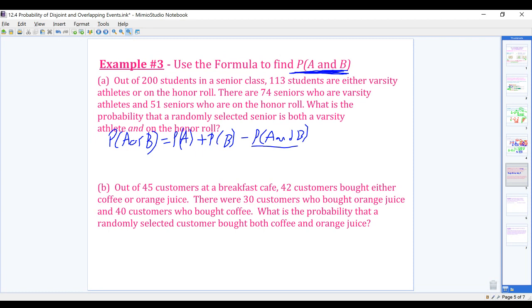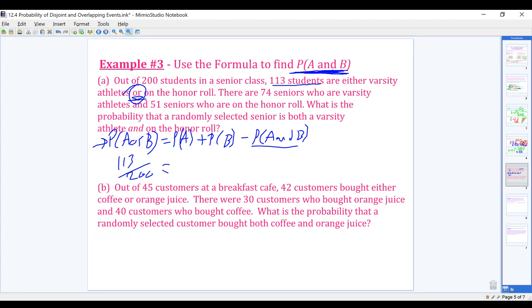Out of 200 students, so we already know the whole thing is going to be out of 200. 113 students are either varsity athletes or honor roll students. That's bing, bing, bing, A or B. Done. Got it.